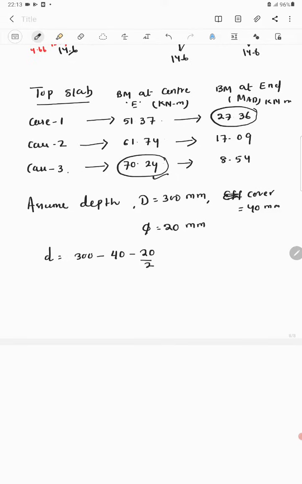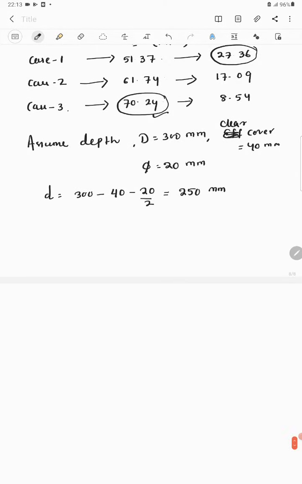Sorry, this is your clear cover. So this is coming 250 mm. Next we will check whether this depth of the top slab is adequate to resist this moment or not. So check for depth.